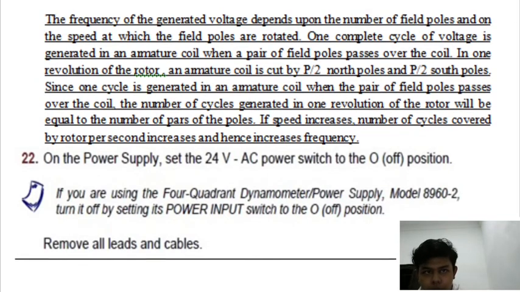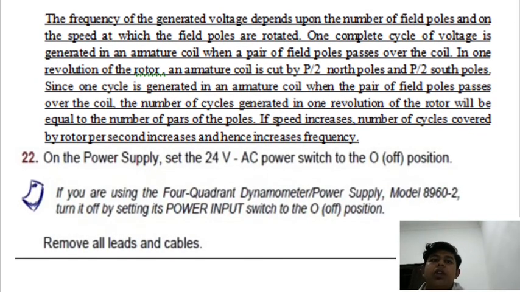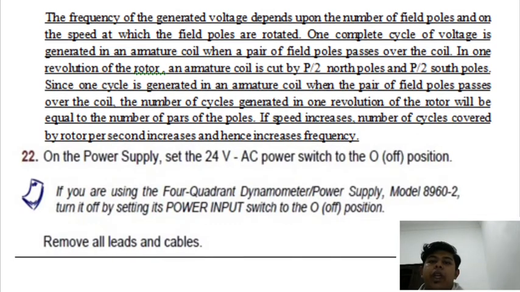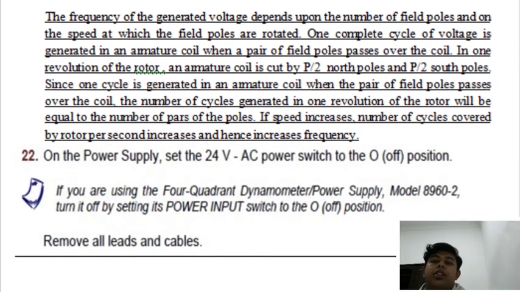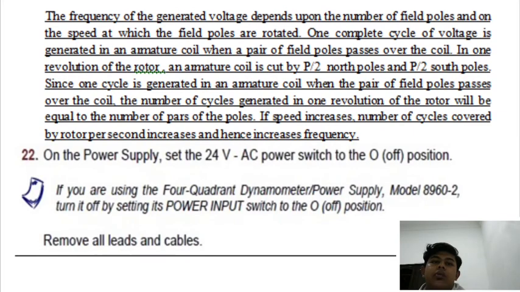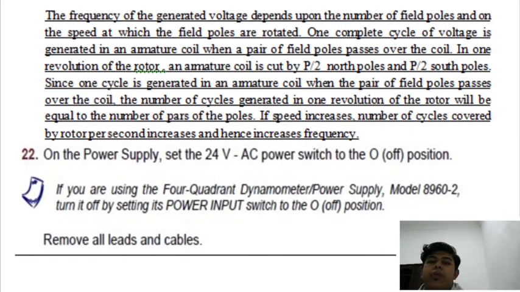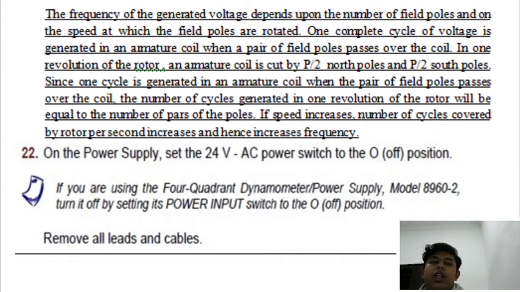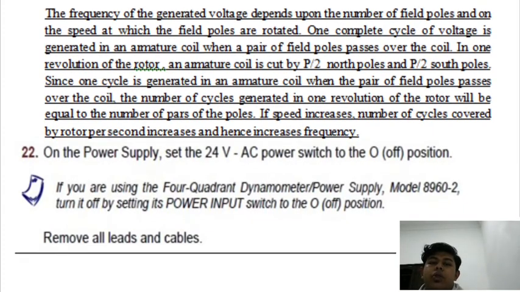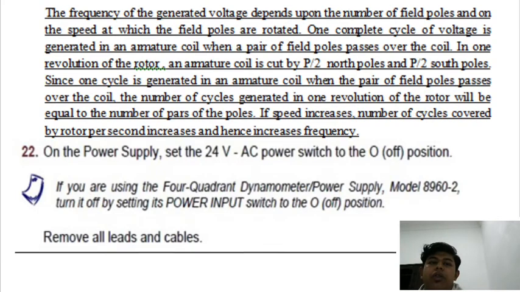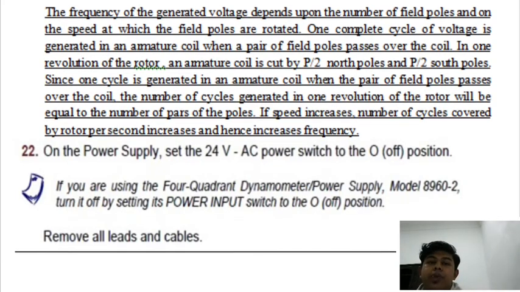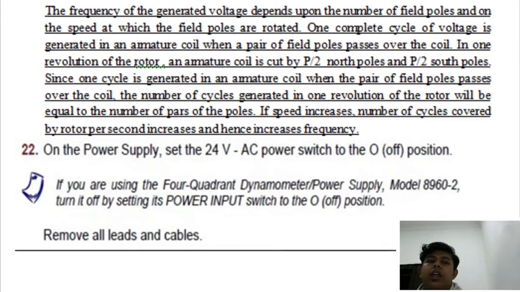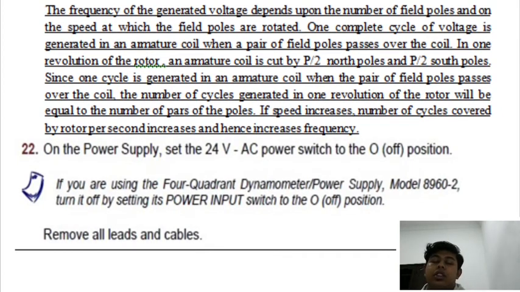In one revolution of the rotor, an armature coil is cut by P/2 north poles and P/2 south poles. Since one cycle is generated in the armature coil when a pair of field poles passes over the coil, the number of cycles generated in one revolution of the rotor will be equal to the number of pairs of poles. If speed increases, the number of cycles covered by the rotor per second increases, and hence the frequency increases.